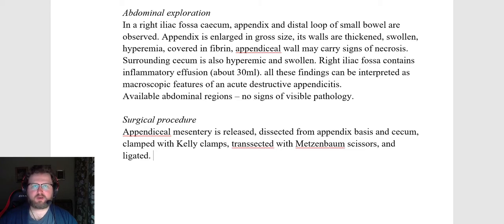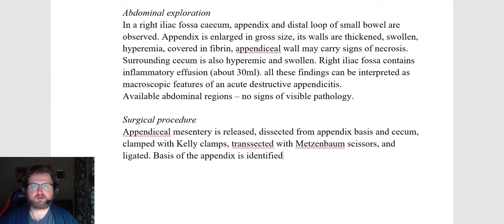You cut off the appendix first, so basis of the appendix is identified. You have to make sure that you don't take an excessive amount of cecum in your clamp, and you don't cut off a part of cecum.